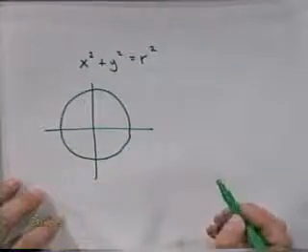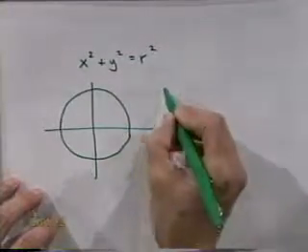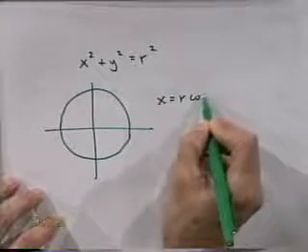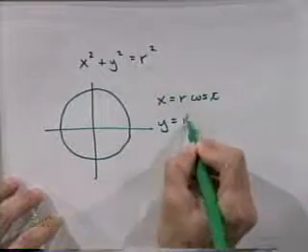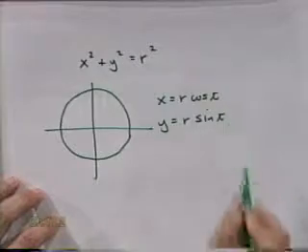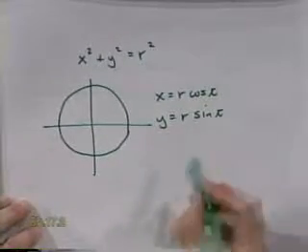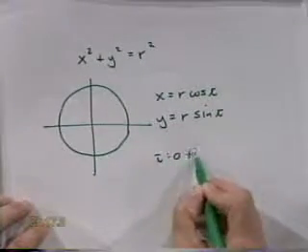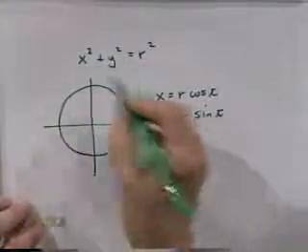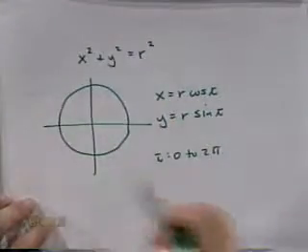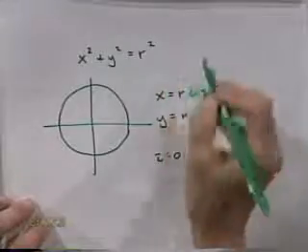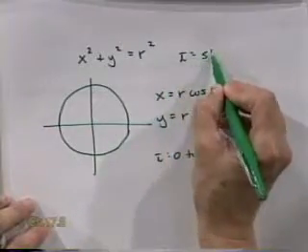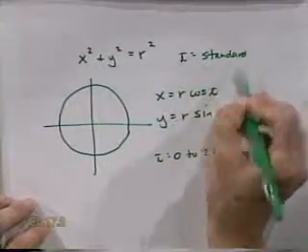A nice quick parametric representation for that is x equals r cosine t, y equals r sine t. Very nice parametric representation. And as you let t range from 0 to 2 pi, you go all the way around the circle. But the other thing to remember with representing your curve this way is t is an angle in standard position.